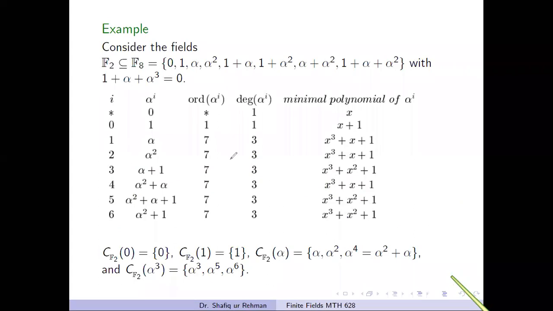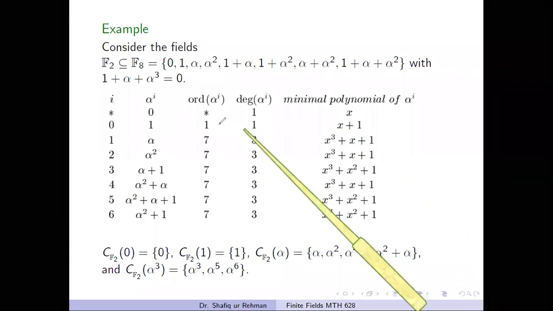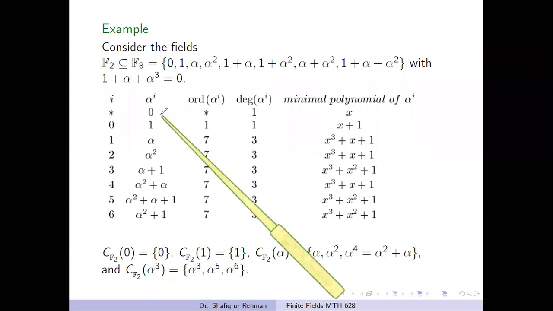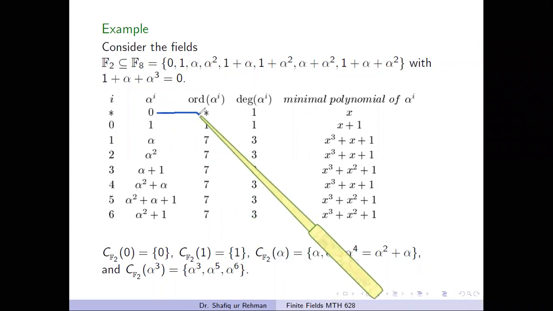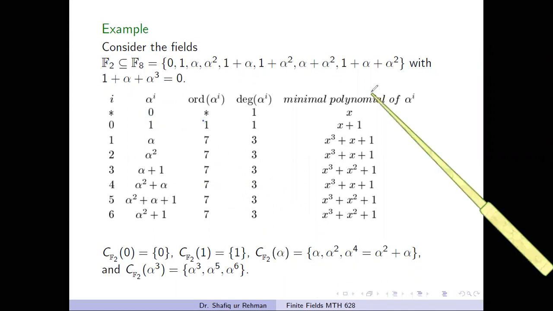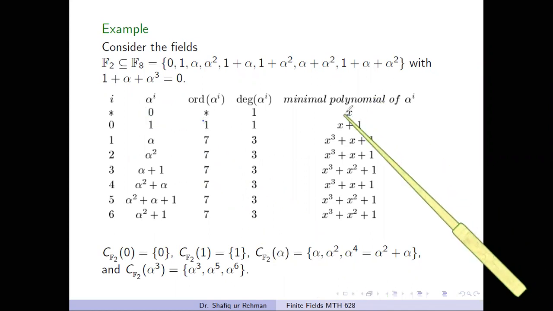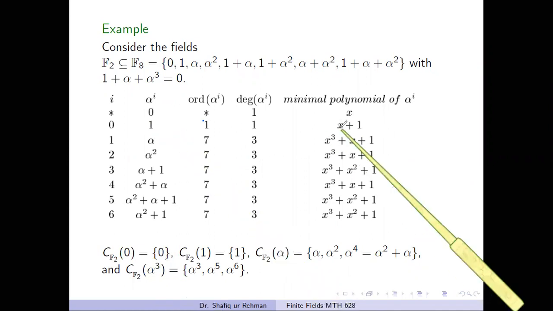You note that for this element, let's say 0, we have only one minimal polynomial. So the conjugate of 0 is 0 only. For 1 we have only one minimal polynomial. So the conjugate of 1 is 1.